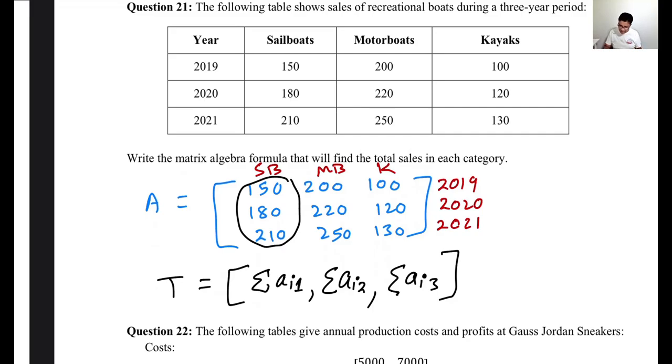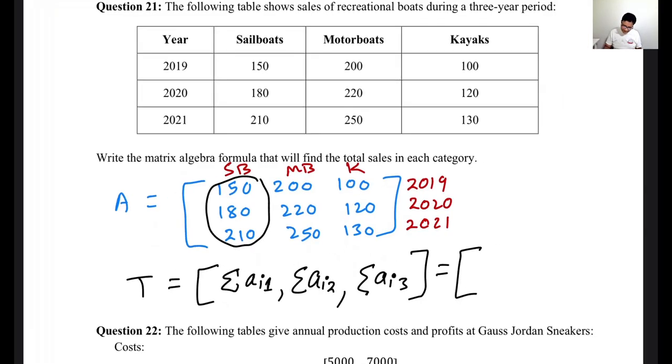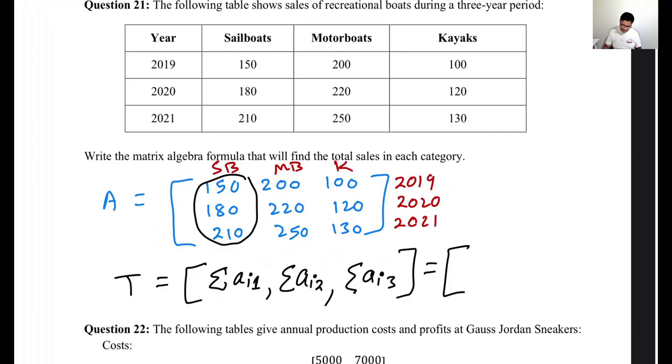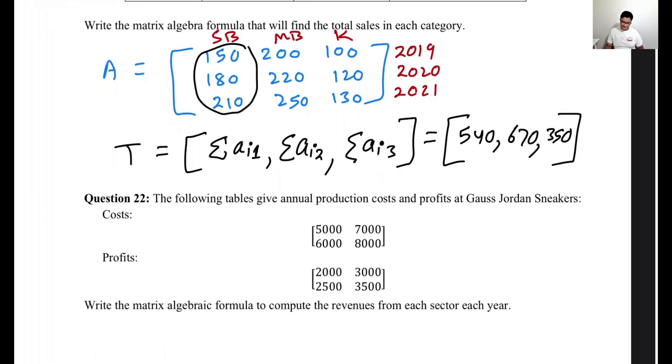So you could use a notation like that in general. In this case, it's very easy, just three of them. You add them and you write your answers here. Can do that and check with me. Those will be the total sales in each category.